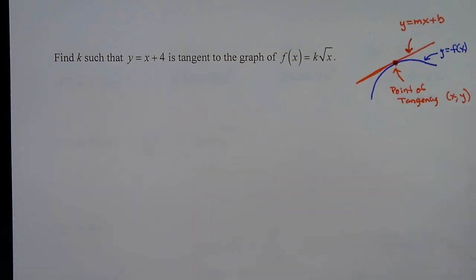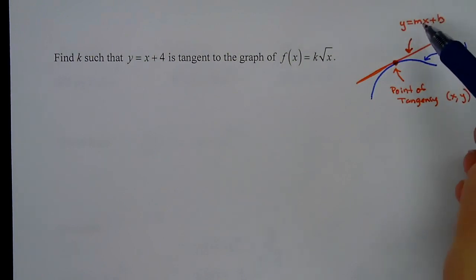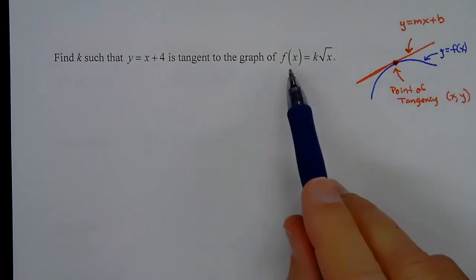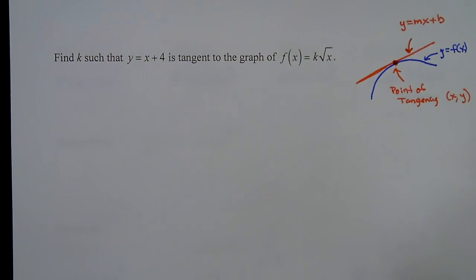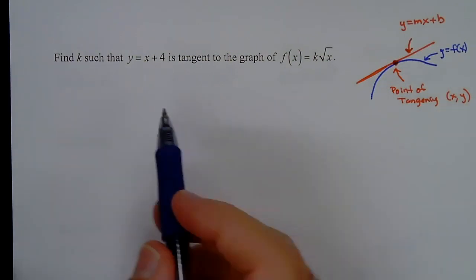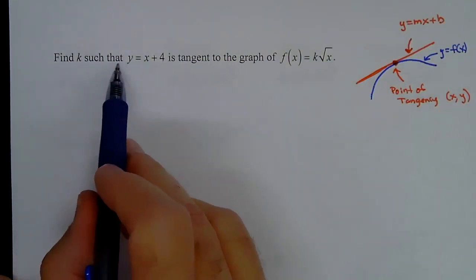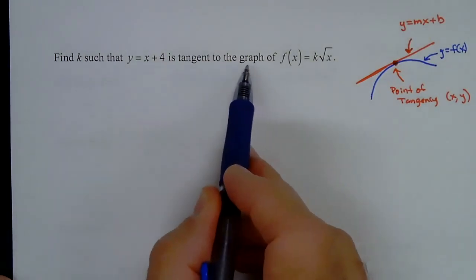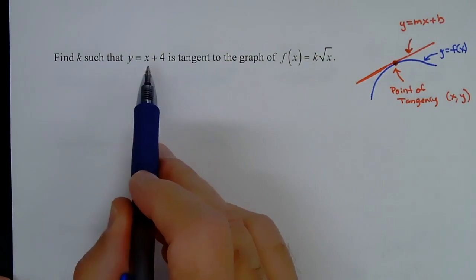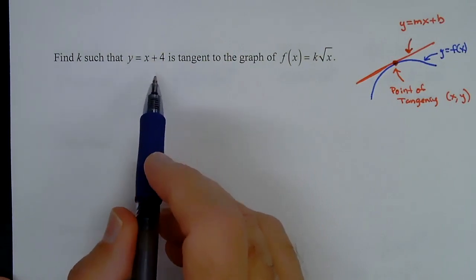All right. Now, this m right here is the slope. It would be the derivative of f at whatever this x value is. Okay. And so because we know to find the k such that y equals kx plus 4 is tangent to the graph, that's our tangent line, okay?